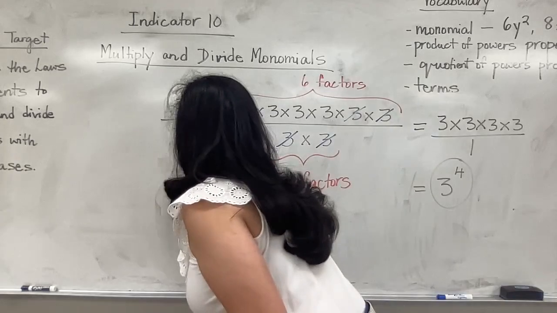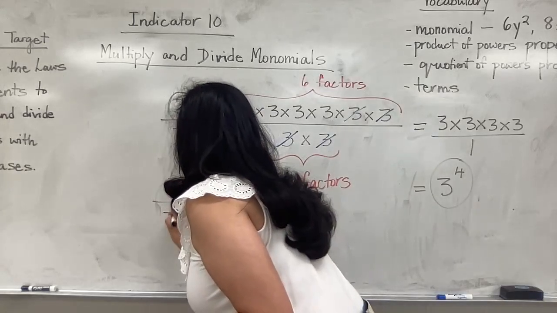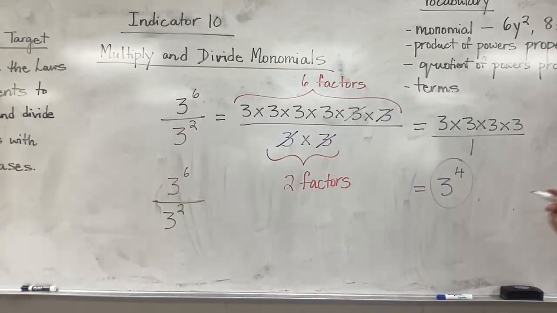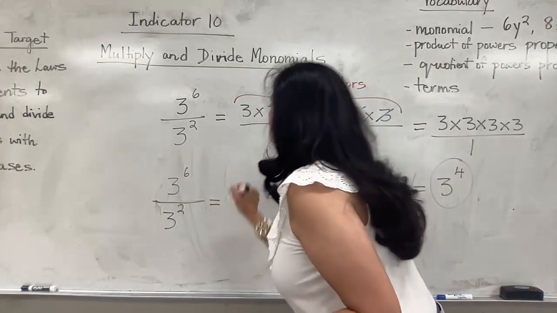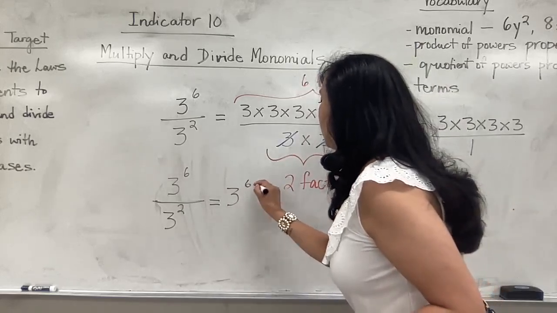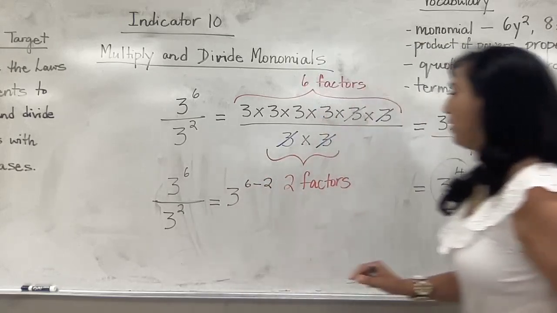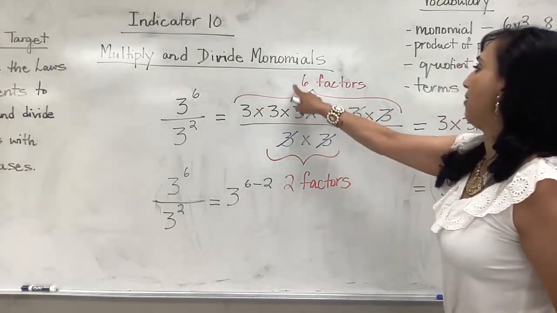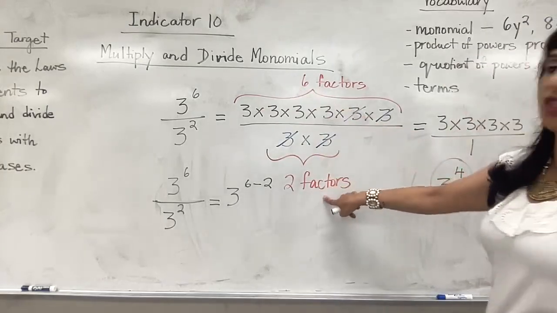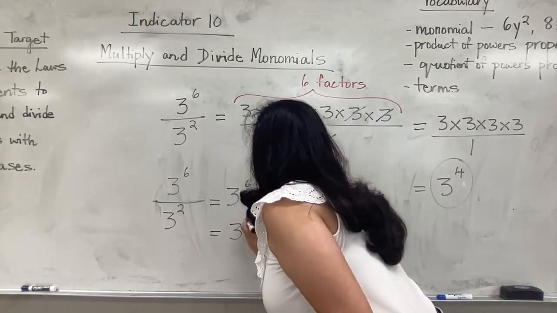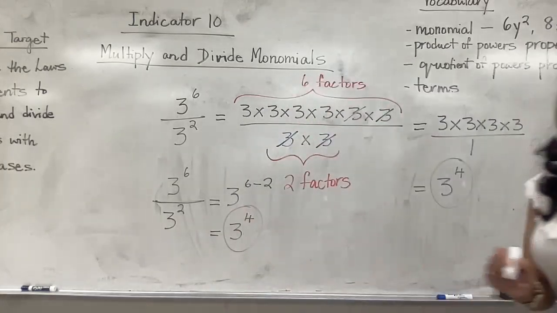If I have 3 to the 6th power over 3 squared, I can see that the common factor is 3, and I have subtracted the exponents because I got 3 to the 4th power. So 6 factors minus 2 factors, what do I end up with? I end up with 3 to the 4th power.